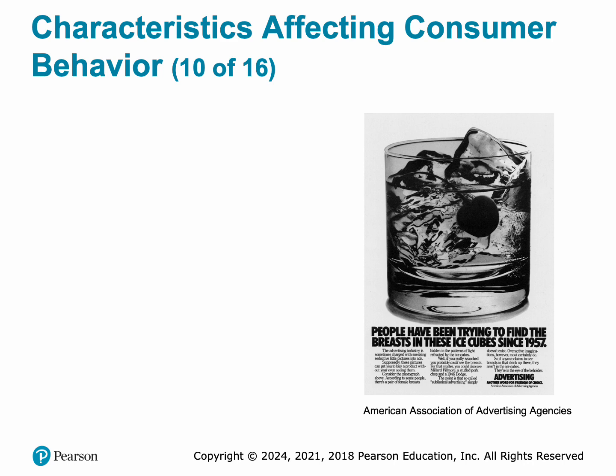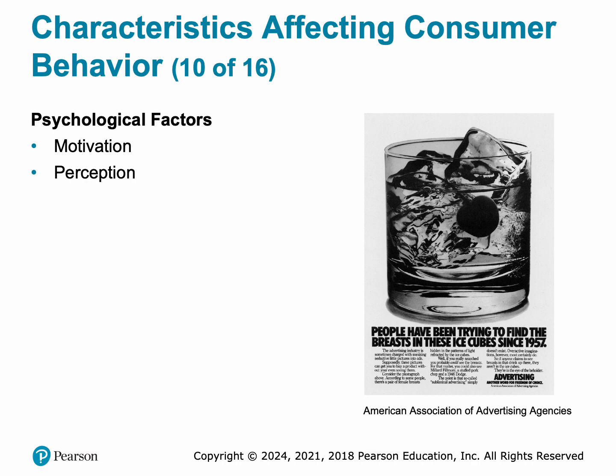So let's look at the following psychological factors. Motivation. A motive is a drive or need that is sufficiently pressing to direct the person to seek satisfaction of the need.